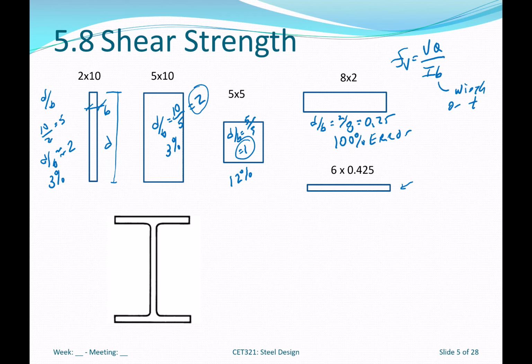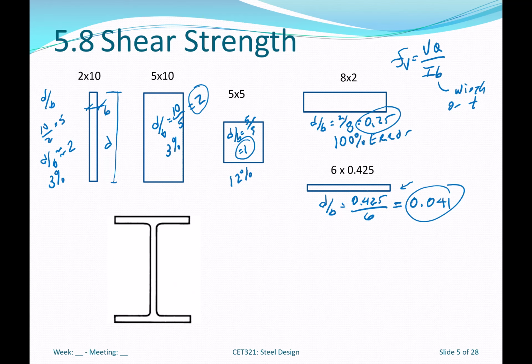And so, last year through strength of materials, we used shapes. We calculate shear stress in shapes like this, where our D over B would be 0.425 over 6, and that's a ratio of 0.041. So again, if a quarter gives you 100% error, what do you think 0.041 is going to be?